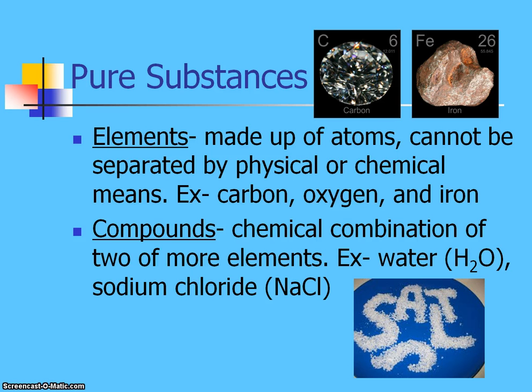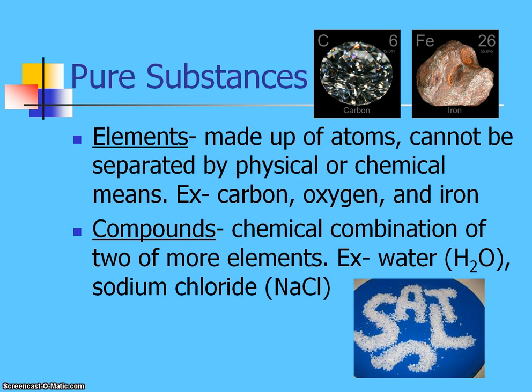Compounds are a chemical composition of two or more elements. Examples: water, H2O, and sodium chloride, NaCl. These are pure substances that cannot be separated by physical means. You can't filter NaCl. You can boil off water, but when you do so, you're still going to have H2O.